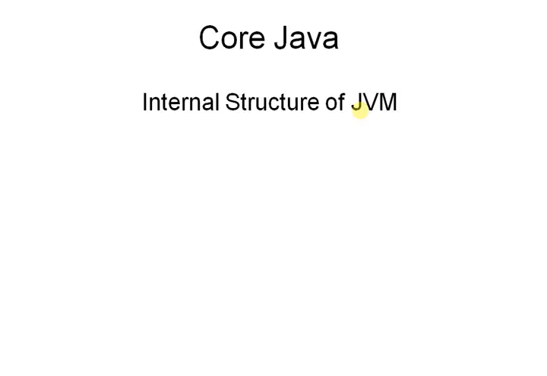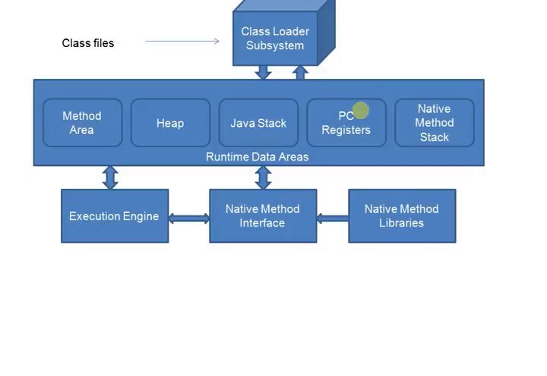Now let us discuss various components of JVM. We can divide the components into different layers. As you can see from the diagram, it consists of 3 different layers. Layer 1 contains the class loader subsystem.